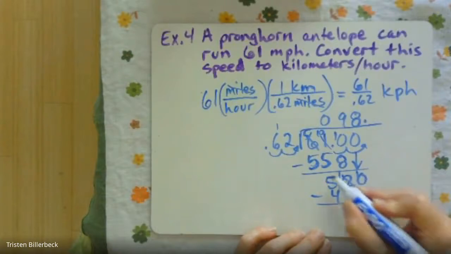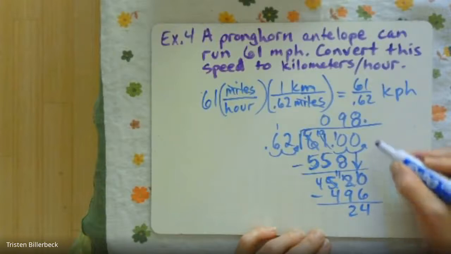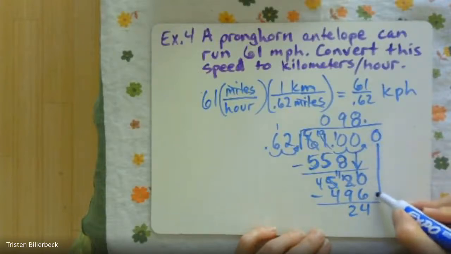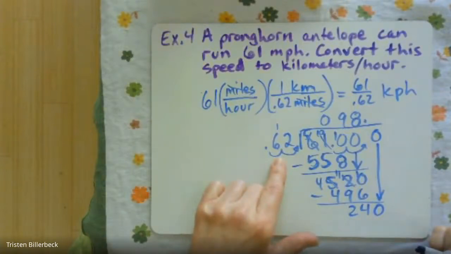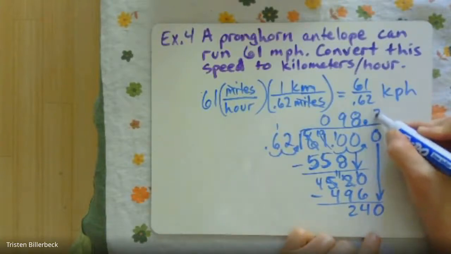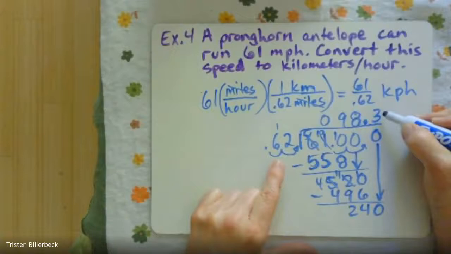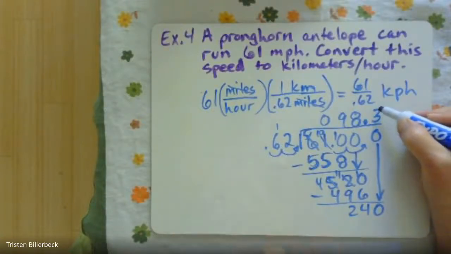And we have 4. And that's 2, and then we're going to grab 1, drop it down. So we know that there's about 4 of these in here, but there's a 2 there, so we're going to have to say 3. So there's 4 60s in 240, but not 4 62s. That's what I was thinking.